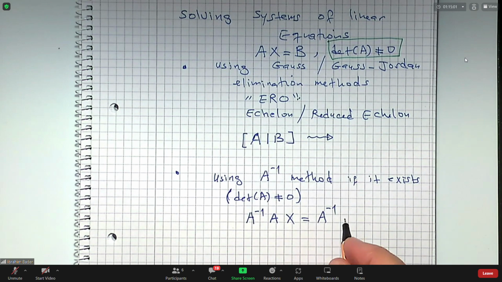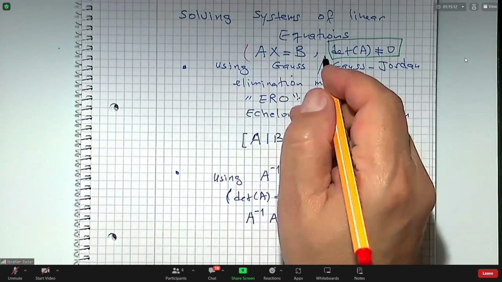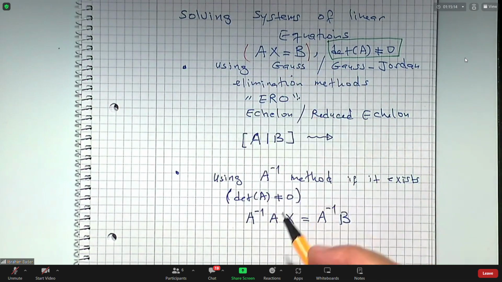from the left. So here, as you see, in this equation, we just multiply from the left with the inverse.